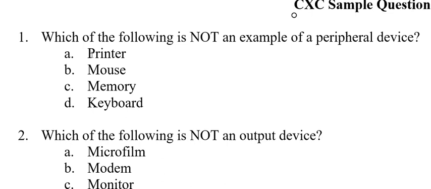So the printer you will attach to the CPU, the mouse you will attach also, and the keyboard. So what is not attached to the CPU, in this case, is memory. So the answer for number one is memory. Okay.